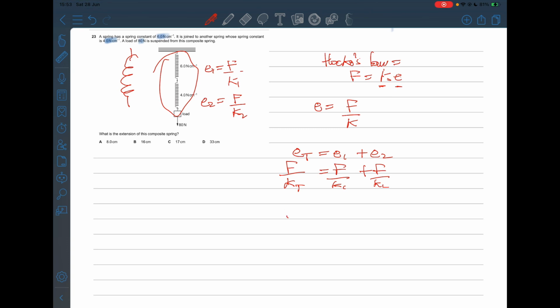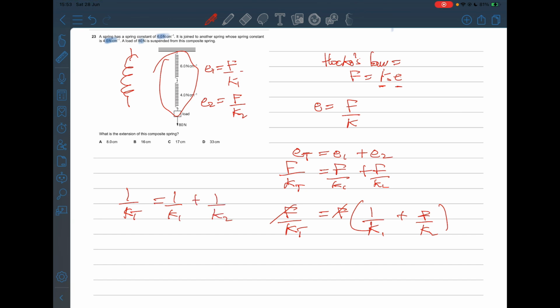Now, F over KT, you factor out the F on the other side, and now you can divide both sides by F. So now you can say 1 over KT is 1 over K1 plus 1 over K2.